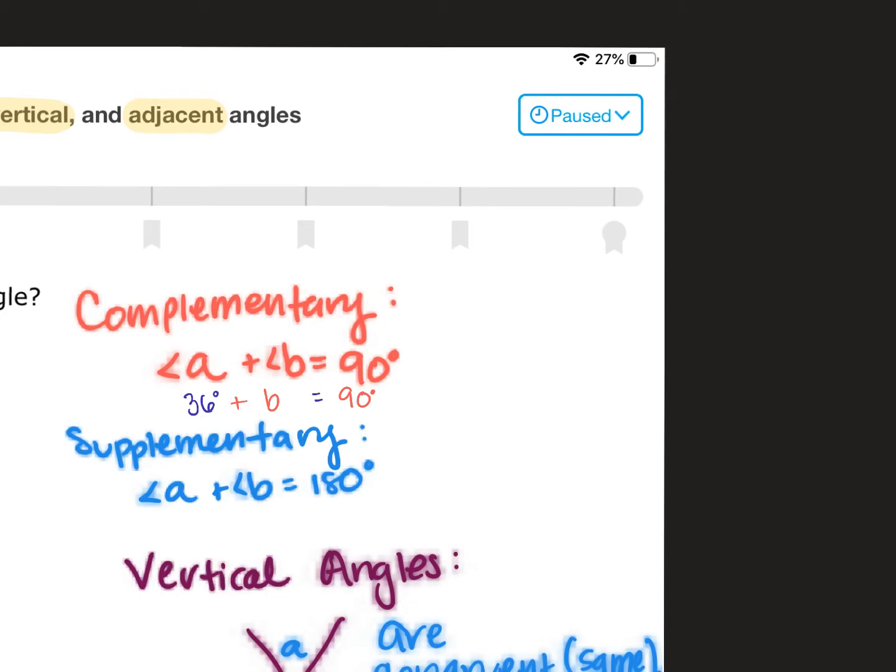Or you can solve the equation. 36 plus what is 90? Well, you take away 36. Remember inverse operations because we are solving for B. So B equals 54. So you just figured out that 36 plus 54 equals 90. So you're really just subtracting, right? You're subtracting from 90 degrees when you're dealing with complementary, okay?